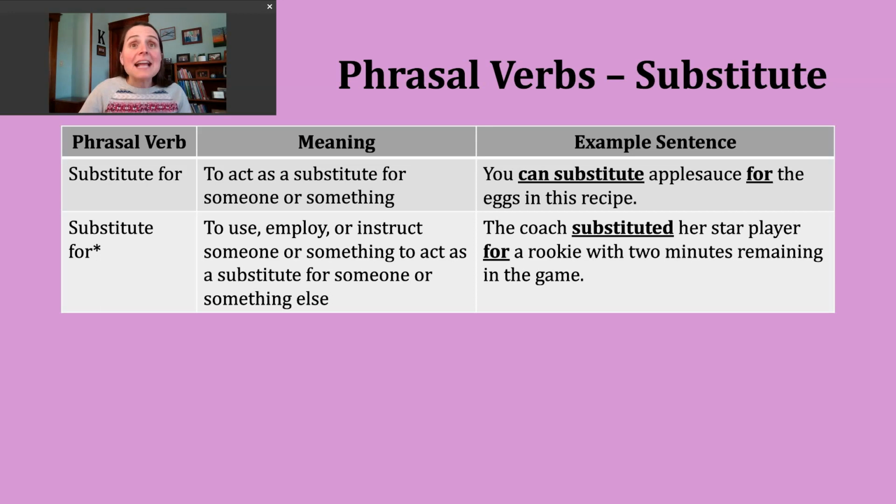Okay? A second way substitute for gets used is to mean to use, employ, or instruct someone or something to act as a kind of a fill-in, a replacement for someone or something else. An example of this might be, the coach substituted her star player for a rookie with 2 minutes remaining in the game. Okay.